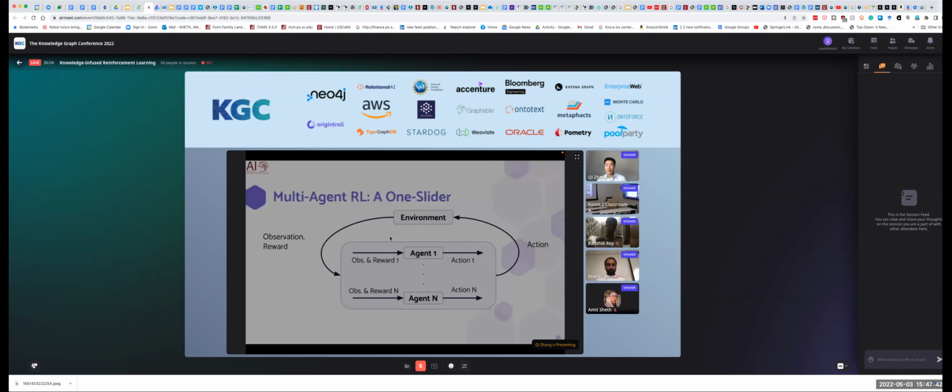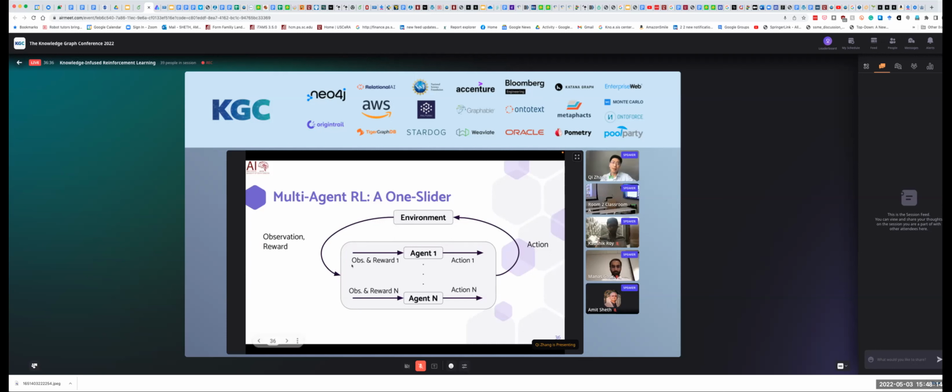My last slide is where I really want to generalize this idea to the multi-agent setting. In some scenarios, you will have more than one agent, either collaborating or competing with each other, or simply coexisting in some shared environment. I just want to use this one slide to illustrate what's happening here. The environment will still generate a reward signal and observation signal, but it will generate such signals for every agent respectively.